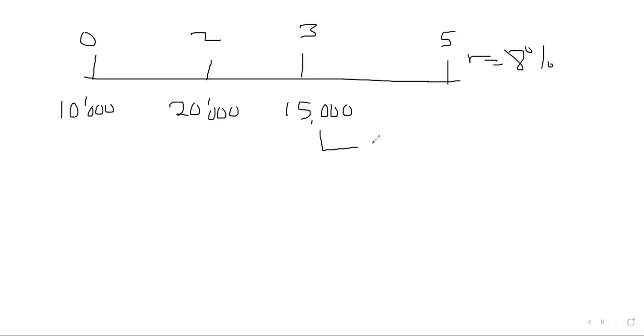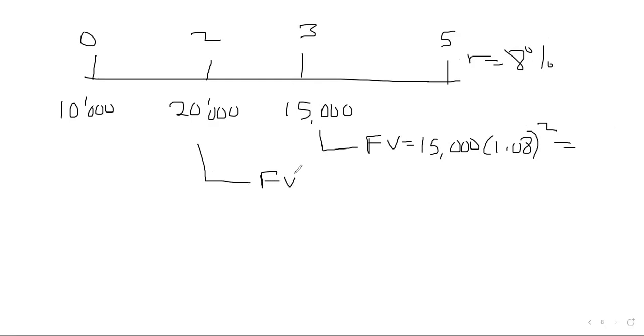So you can compute this future value from its present value, times 1 plus R to the power time. So present value is what? 15,000. Our interest rate is what? 8%. But the key thing is the time factor. How long is it taking from year 3 to year 5? It is 2 years. And this 20,000 present value is 20,000.